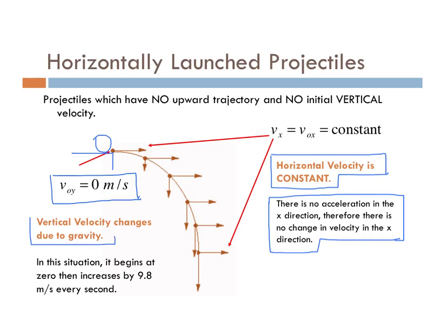So vertical velocity changes due to gravity. Our vectors here show us the velocities at different points. You can see that the velocity vector in the y direction is going to start increasing. But our velocity in the x direction stays the same the entire time.